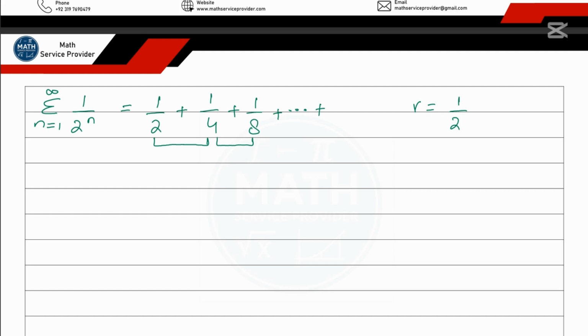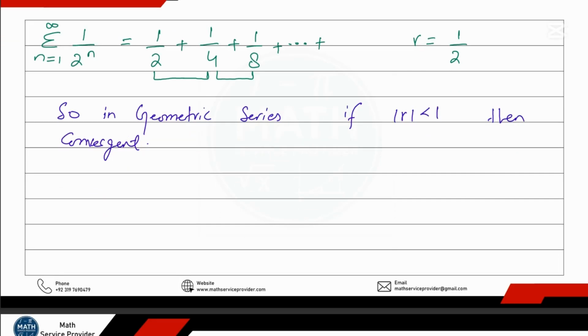So in a geometric series, if the modulus of the common ratio is less than 1, then our series will be convergent. Let us check.